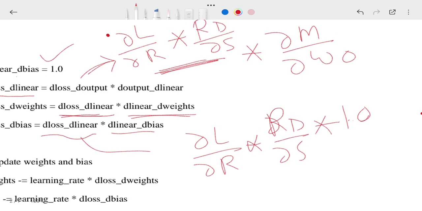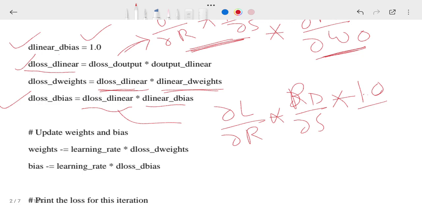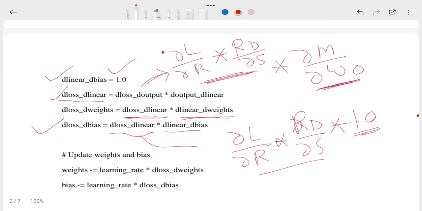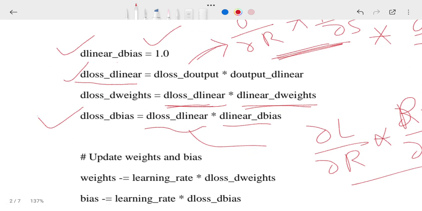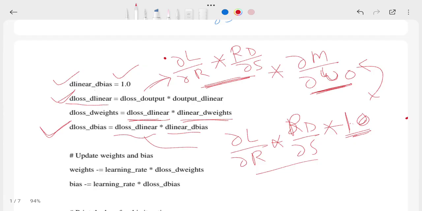Before every time it was input. Now here every time it is bias. Before it depends on input, and here it depends on bias. So I am writing bias is equal to 1.0. So I updated the bias as well as the weight. This is for W0, W1 and Wn also.